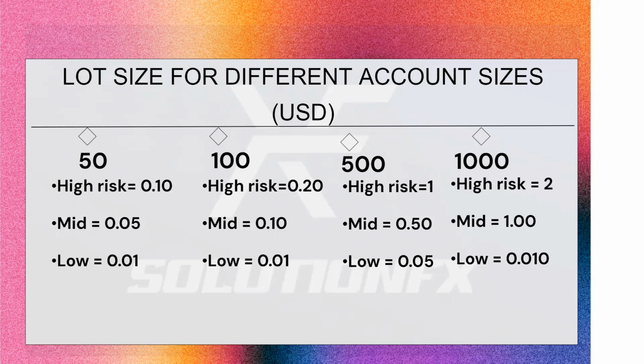For instance, if you're trading with $1,500, your lot size for high risk will be 2.0 lot size. The mid risk will be 1.0, and then the low risk will be 0.01. So just take the one that is closest to the amount of money you have and use it.